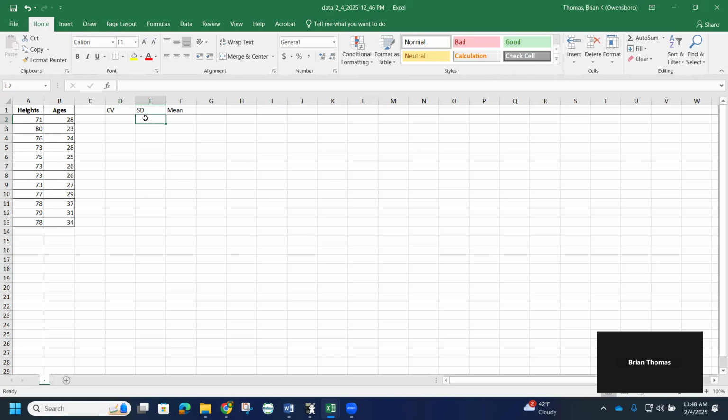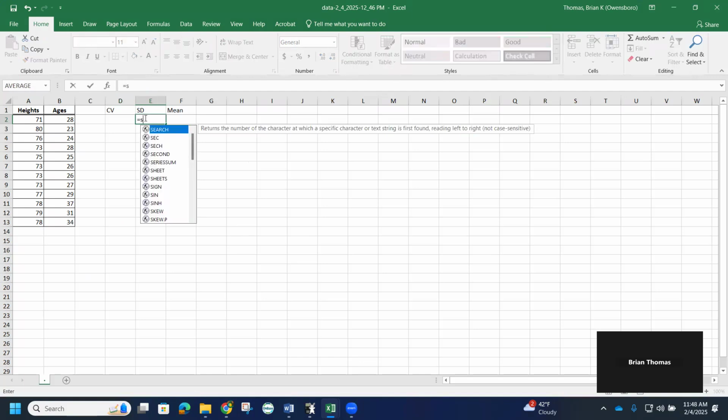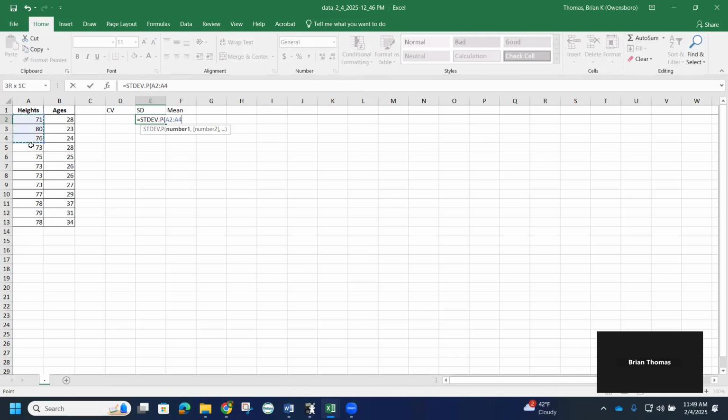So if I hit equals, I think it's ST. Now, notice how we have standard deviation for a population and standard deviation for a sample. Since it said all pitchers, I know this is the population. So this is going to be for the heights.